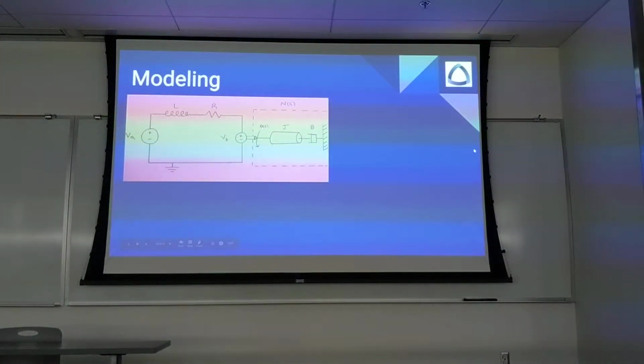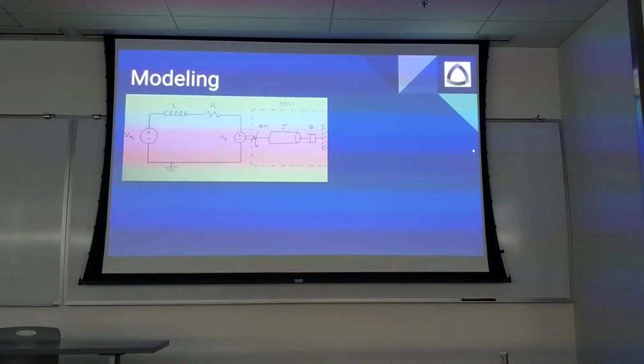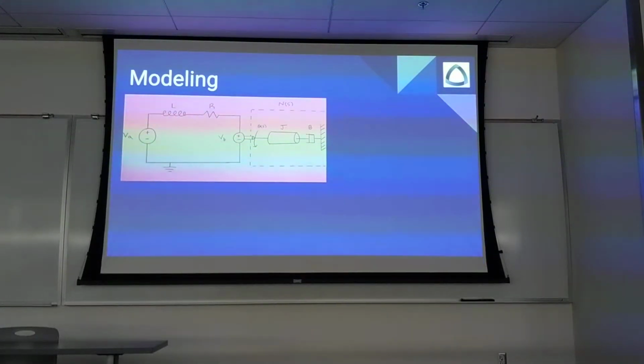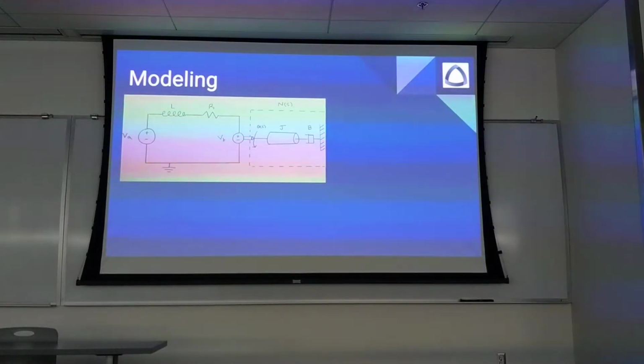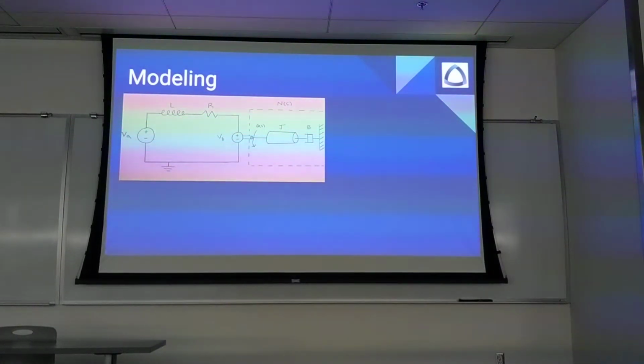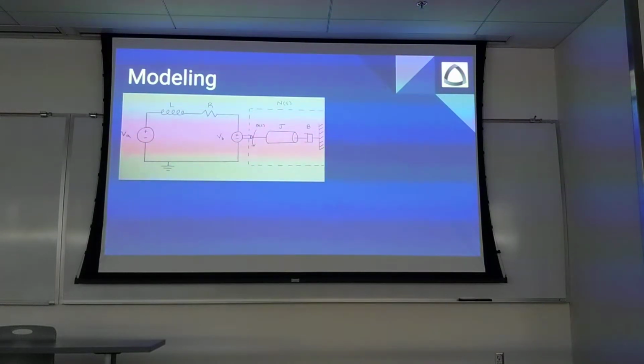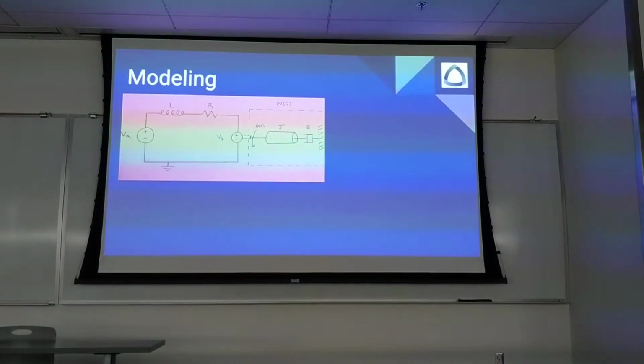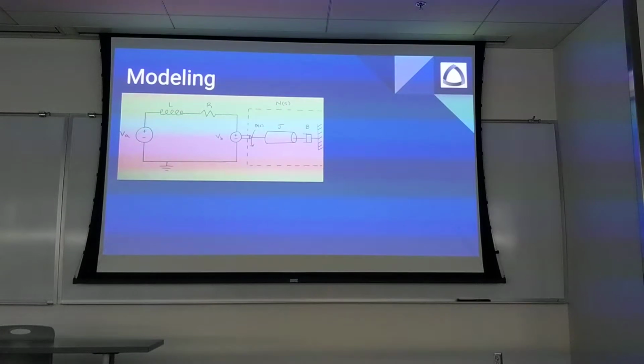To model our system, we used a circuit that was connected to a motor. The circuit will input voltage into the motor, which will turn the tool that is used for surgery.